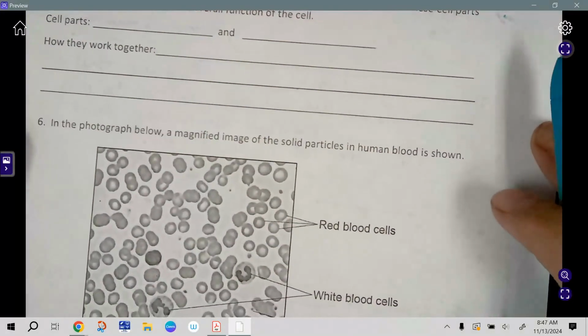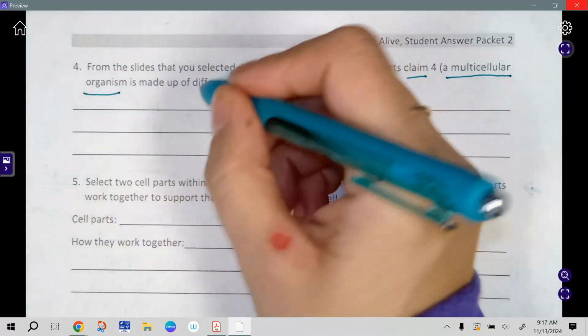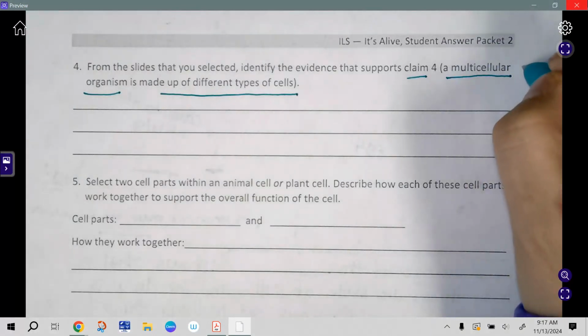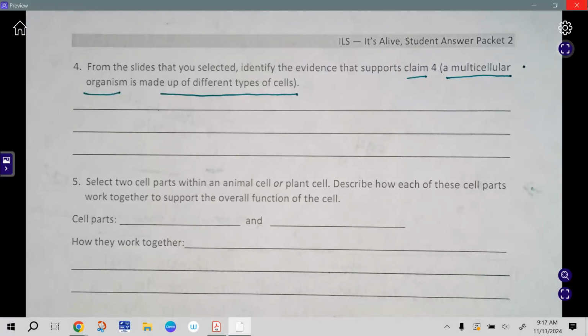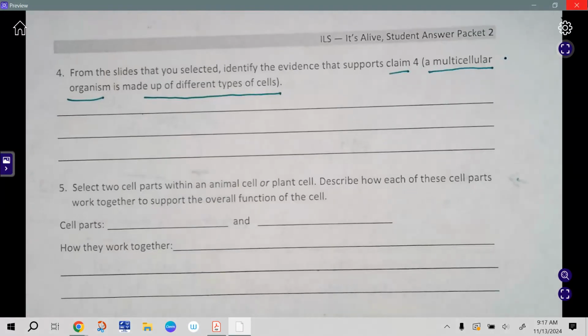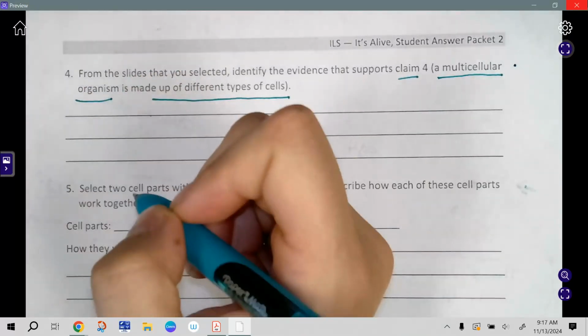All right, so you're going to flip your paper over and we're going to claim 4, which is a multicellular organism is made up of different kinds of cells. So this is one organism, 2 different kinds of cells. So let's check this out. So you're going to describe the 2 cells that you picked.